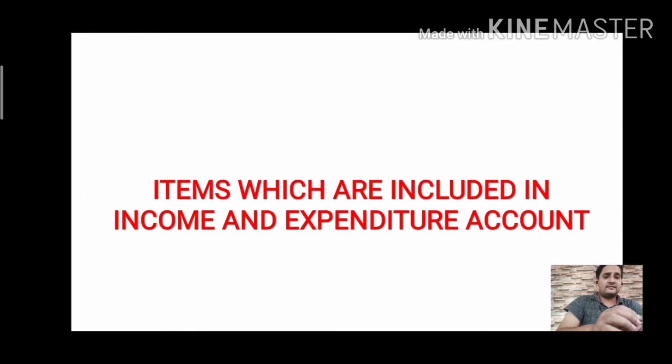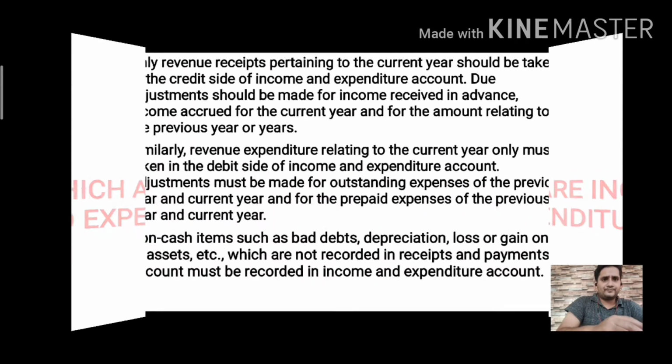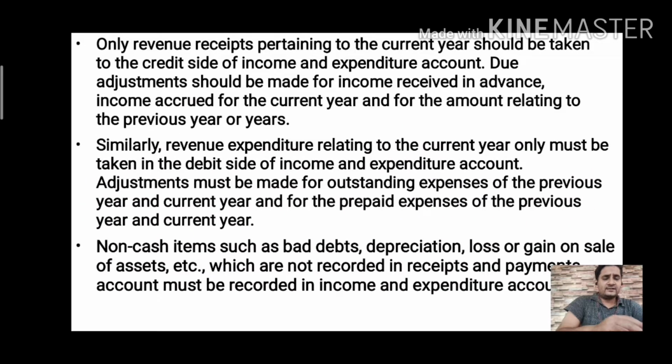Now let's discuss the items which are included in income and expenditure account. The first one is that only revenue receipts pertaining to the current year should be taken to the credit side of income and expenditure account.